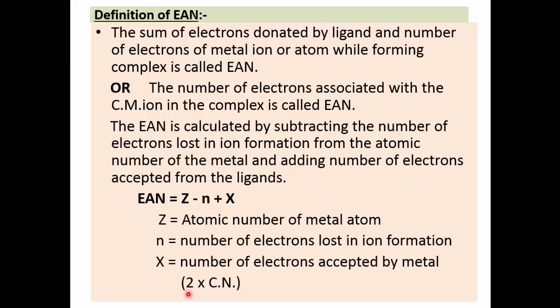That means these 8 electrons are accepted by the metal, therefore this is about X. So remember well, EAN = Z - N + X.